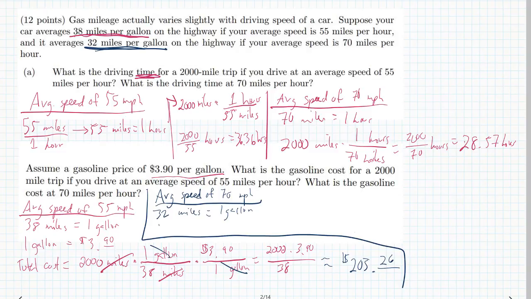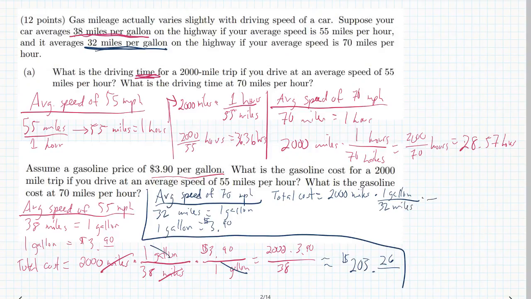So we still have 1 gallon equaling $3.90. So in this case, it's the same thing for total cost. You start with 2,000 miles. Multiply that by, well, we have 1 gallon is the same thing as 32 miles in this case.